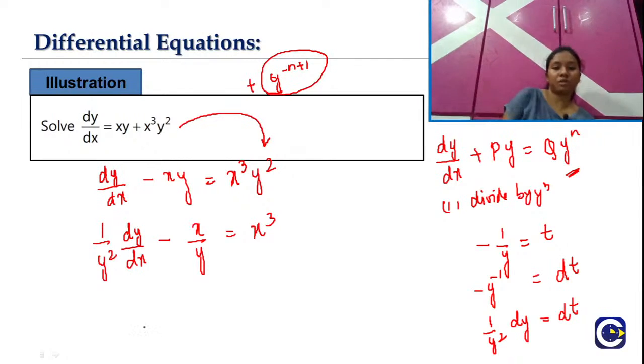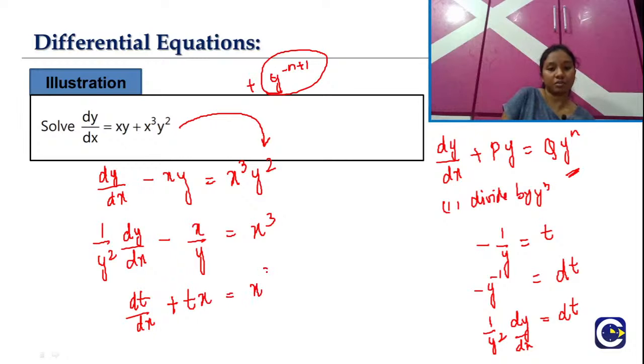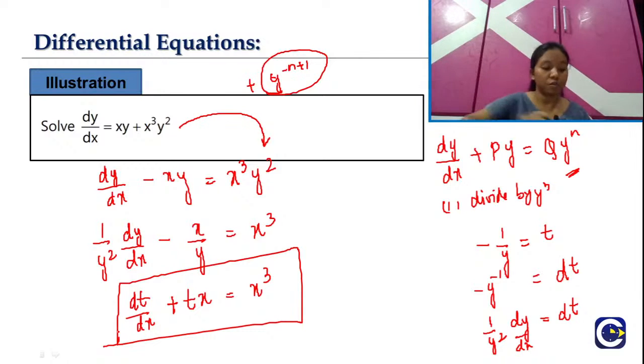So in place of 1 by y square dy by dx here, we can take this dt by dx. Right, guys? And then minus 1 by y will be t here, x here, and on the other side it will be x cube. So now this will be our linear form of equation in terms of t and x. So it will be dt by dx plus t into x is equal to x cube.